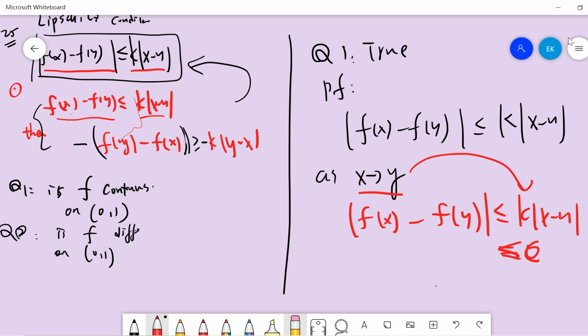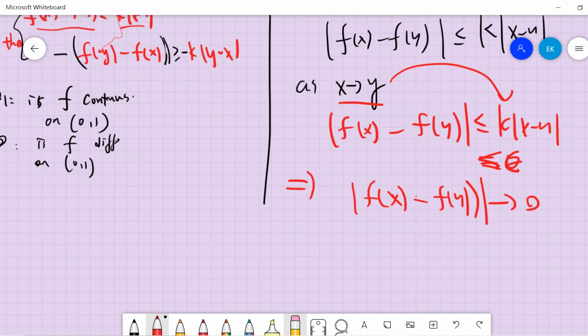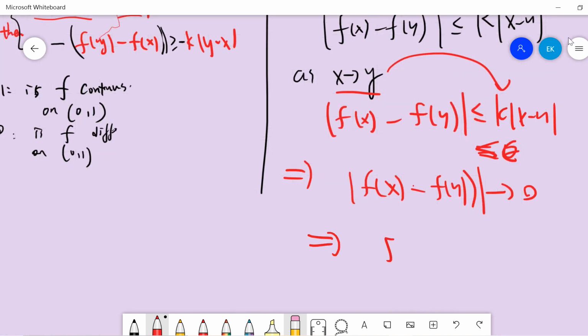Well, smaller than any epsilon, right, when you take x to the limit y. So this tells you that in the limit, f of x minus f of y approaches 0. This tells you that when x approaches y, then f of x must approach f of y. So this is continuous by definition.